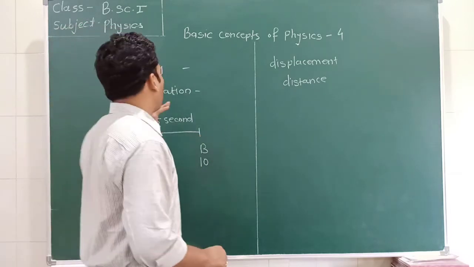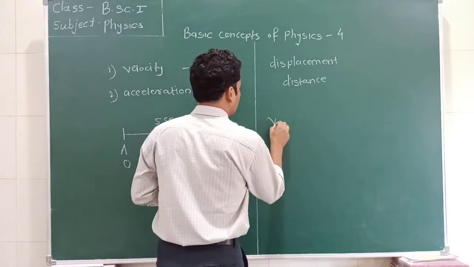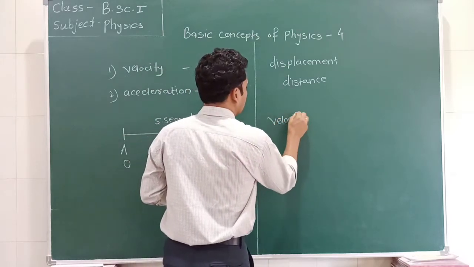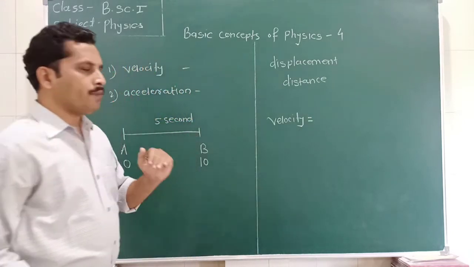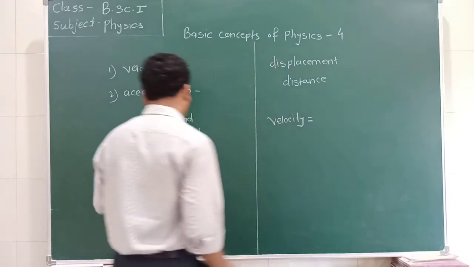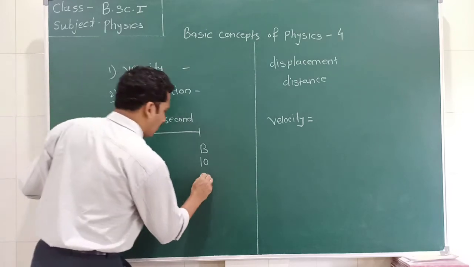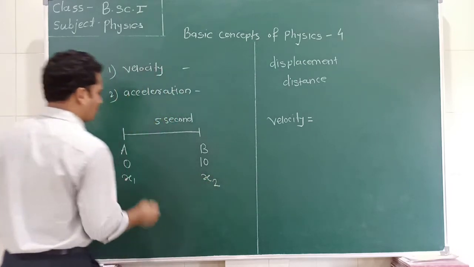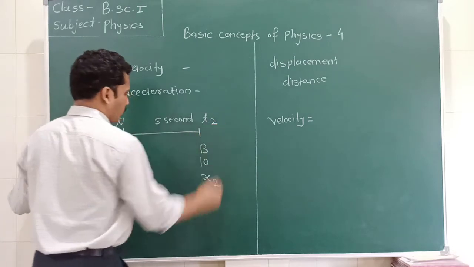So what is the velocity? It is the rate of change of displacement with respect to time. Suppose we denote this by x1 and this by x2, and this is t1 and this is t2.